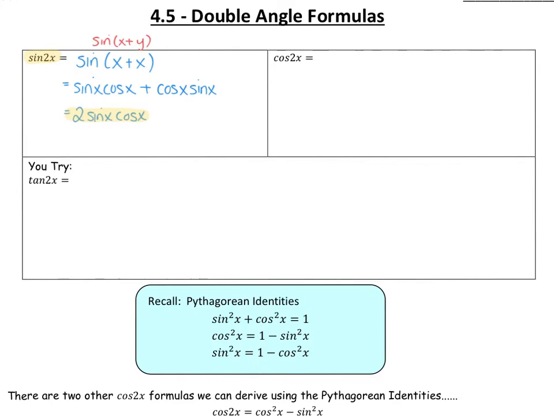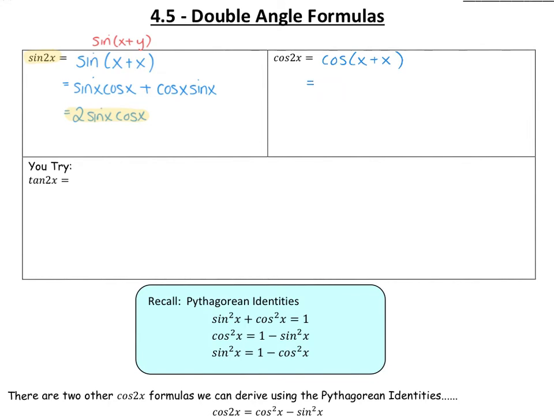What would be great right now is if you tried to apply the same ideas and come up with the formulas for cos 2x and tan 2x on your own. So pause the video and even just try cos 2x. Same idea: I'm going to take cos 2x and write it as cos of x plus x, and apply the compound angle formula for cos x plus y.